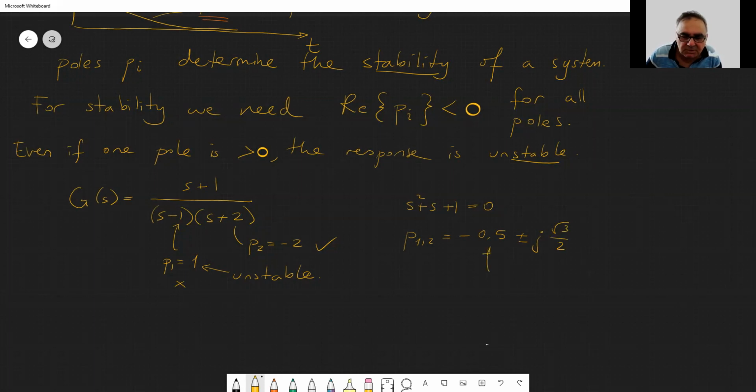And as you see here, since the real part is negative, it means that this is a stable pole, okay? The real part of the pole should be less than 0 for all i.